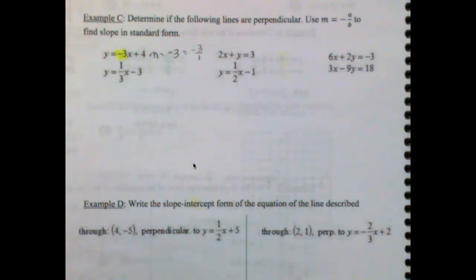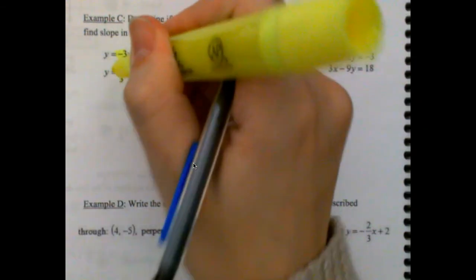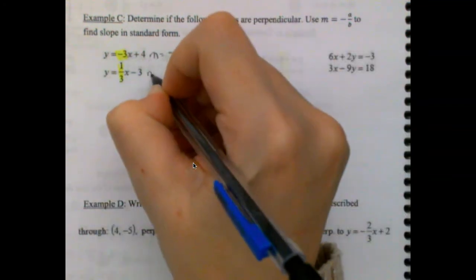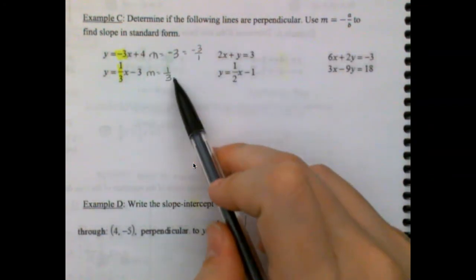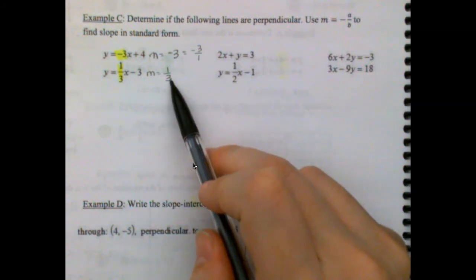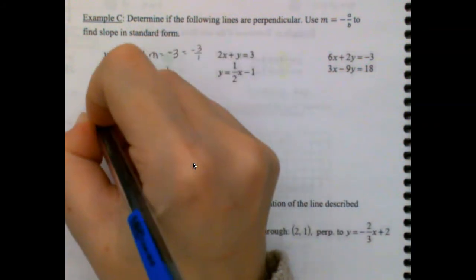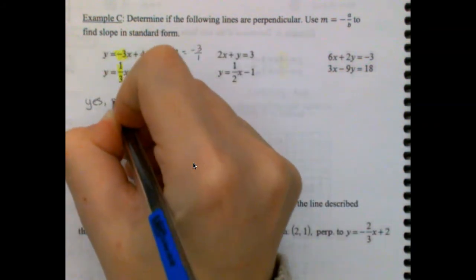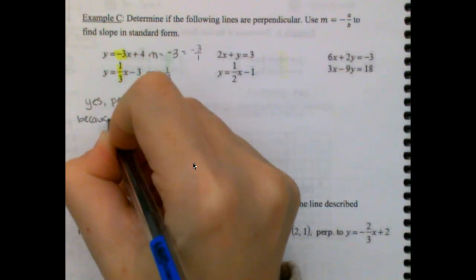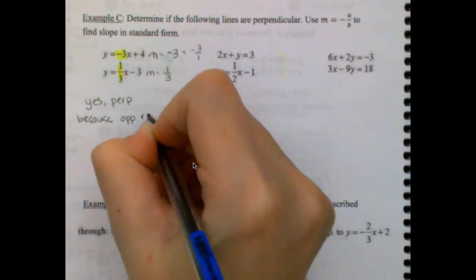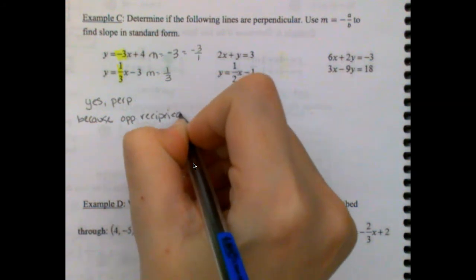And the other slope is +1/3. So are they opposite reciprocals? Yes, they're opposite sign. And are the fractions flipped? They sure are. So we can say yes, they are perpendicular because opposite reciprocal slopes.